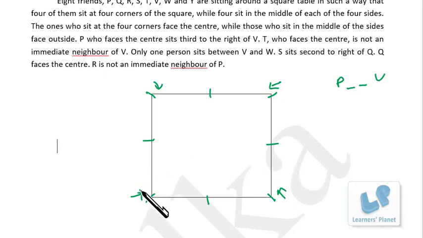Since P is at the corner, I assume V is somewhere here. Now since V is facing outside, because the persons sitting in the middle of the side are facing outside, right of V will be this way. So P is sitting here.